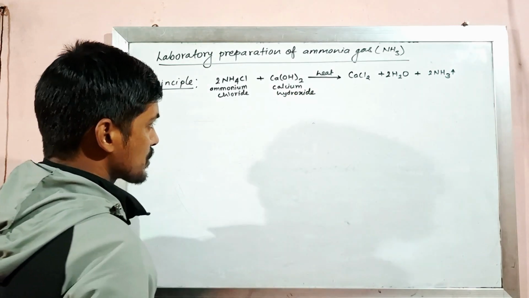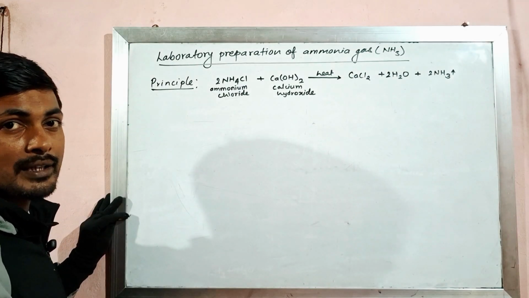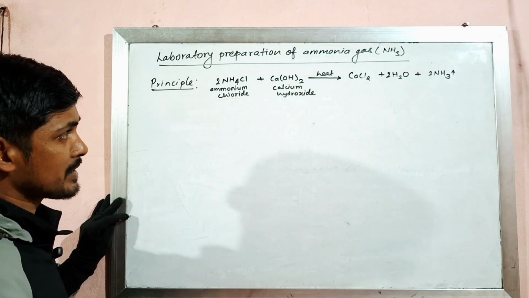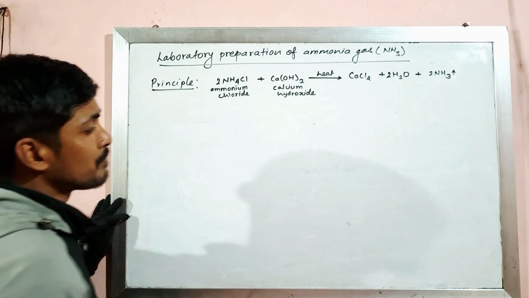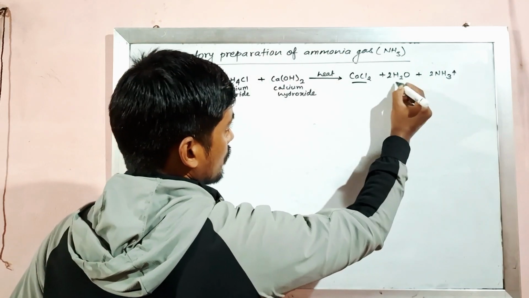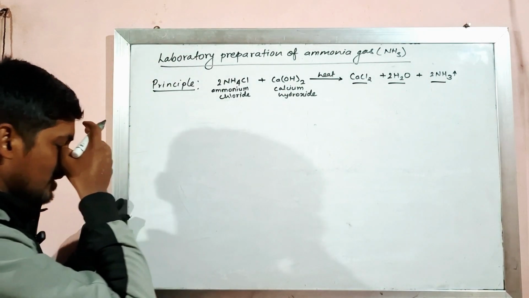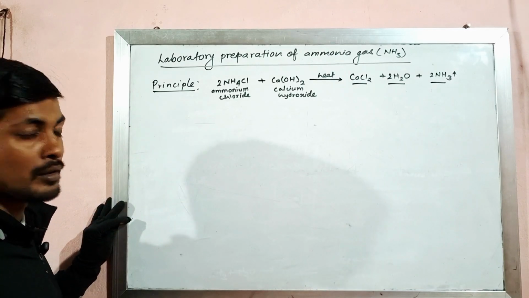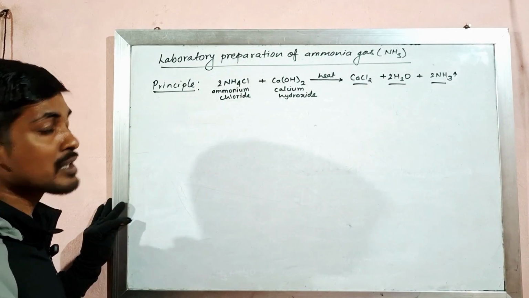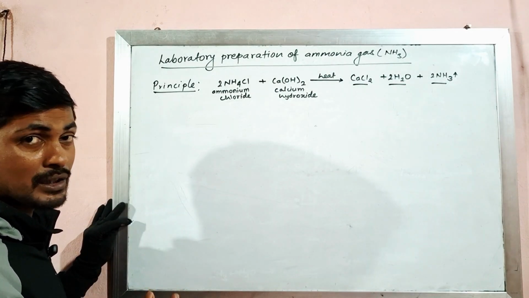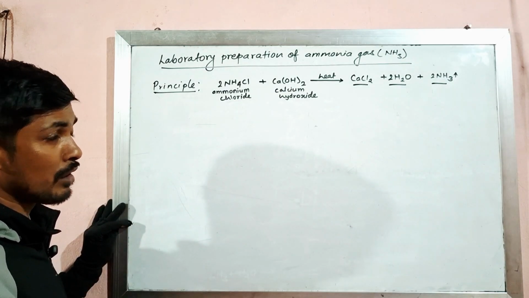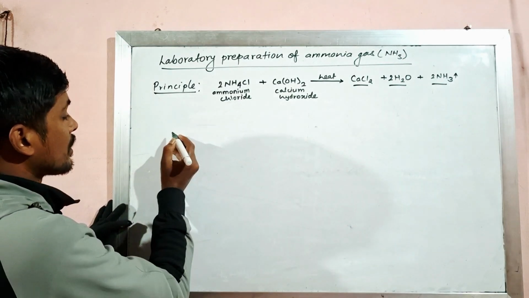When this mixture of ammonium chloride and calcium hydroxide is heated, then we obtain calcium chloride, water, and ammonia gas. Now see how we set the apparatus and how we use the chemicals in the lab preparation of ammonia gas.